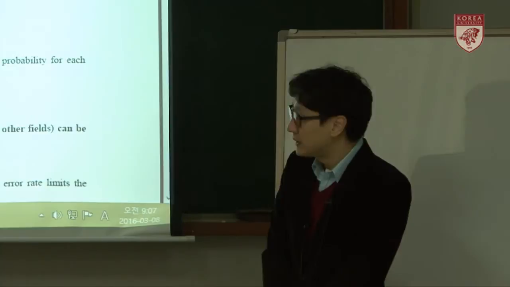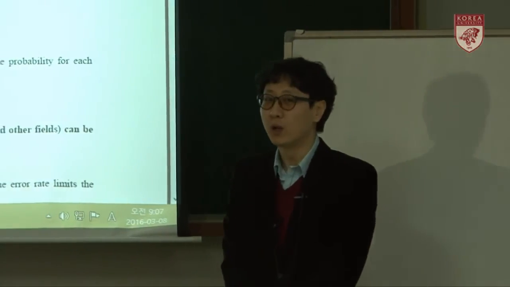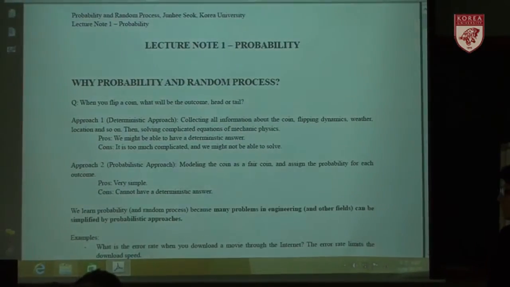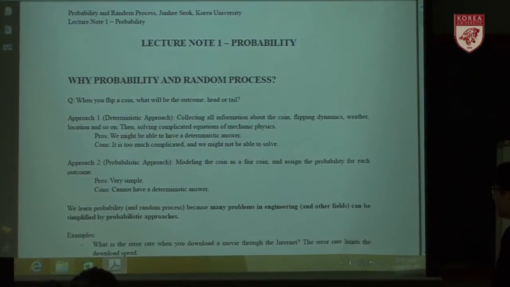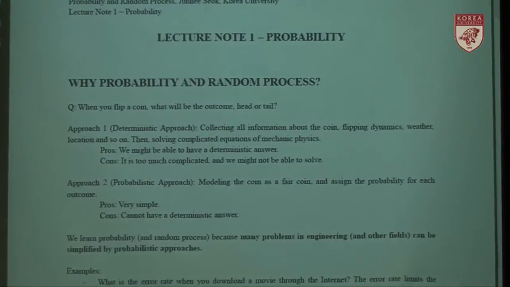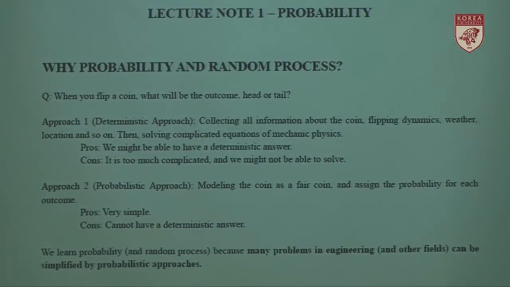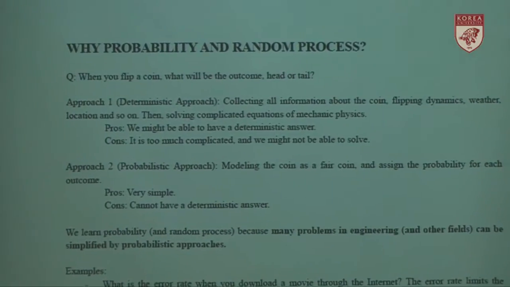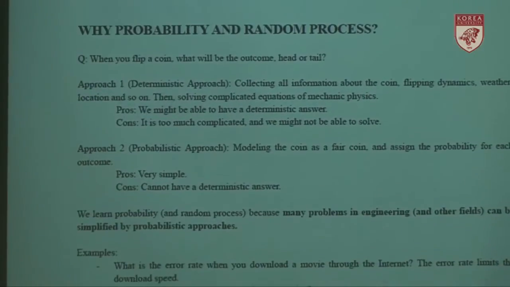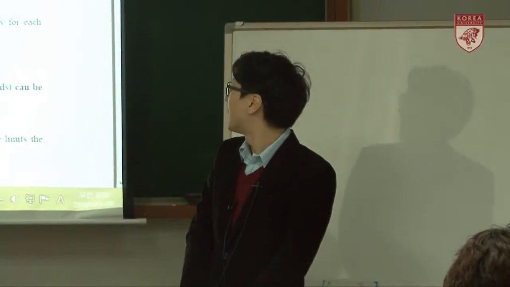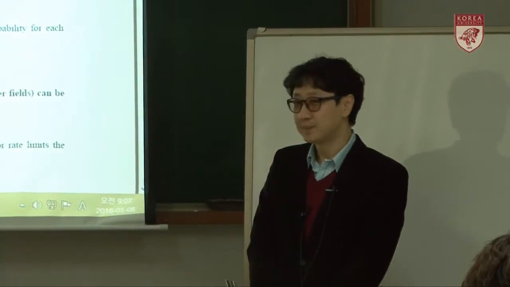This simple example shows why we learn probabilities. We learn probability, random processes and random variables because many problems in engineering, physics, and many other fields like business, marketing, finance or computer science can be simplified with probabilistic approaches.